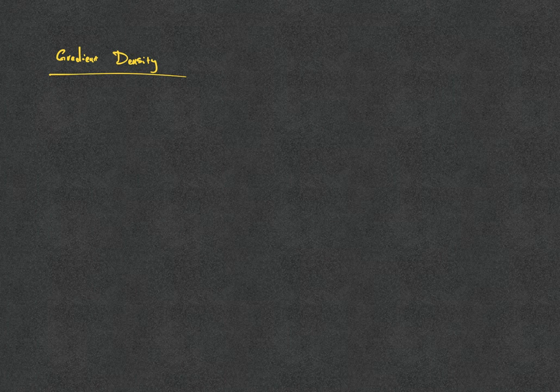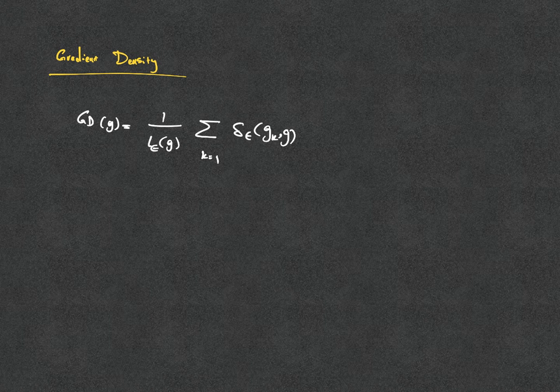For training examples, the gradient density function of training is defined like this. Now let's see what this means. You have n examples. g_k is the gradient norm of the kth example, and delta epsilon of x, y is 1 if x is larger than or equal to this and this.